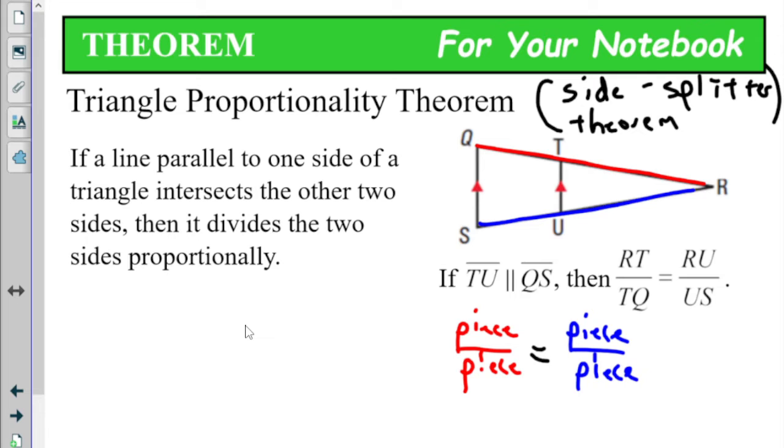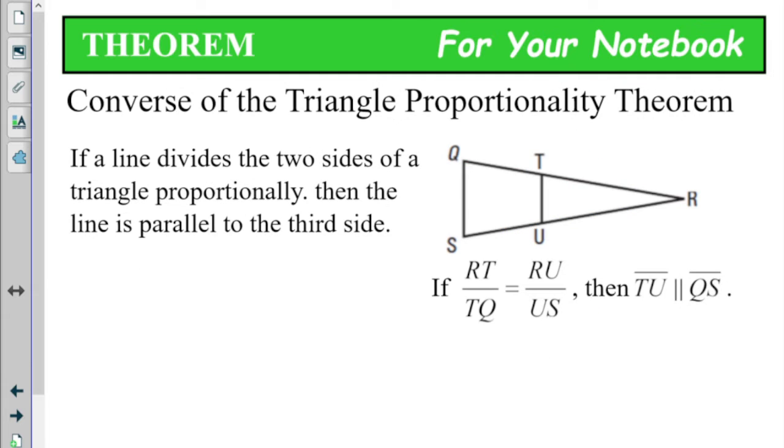we also have the converse. And the converse is going to involve saying that this is a test for parallel as well. So if I know that the piece over piece is working, then that tells me that we can know that those sides are going to be parallel to each other.